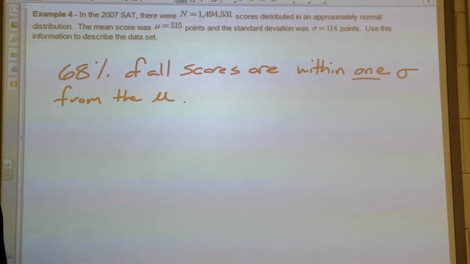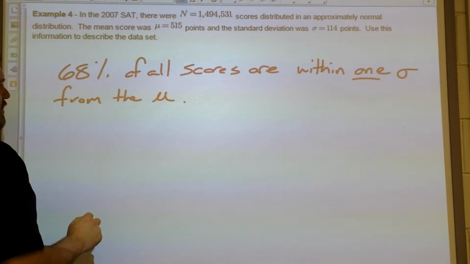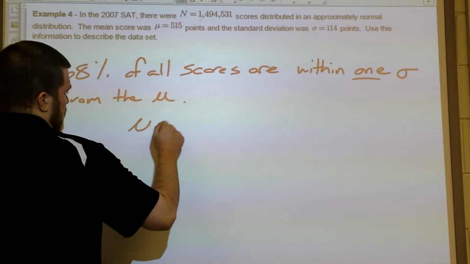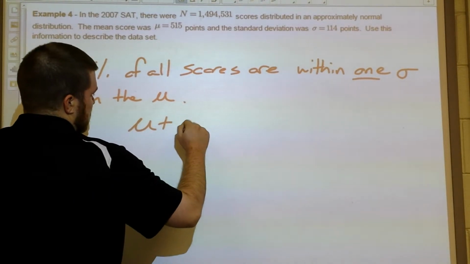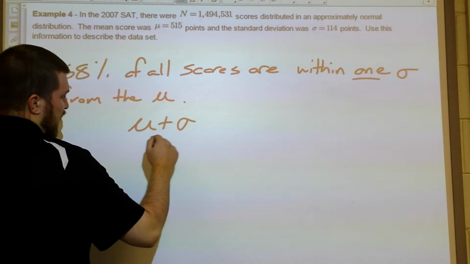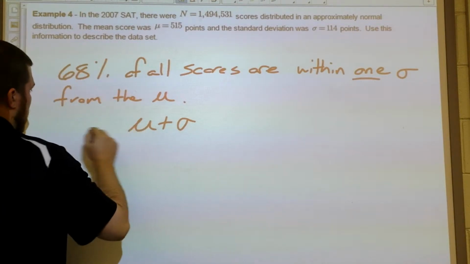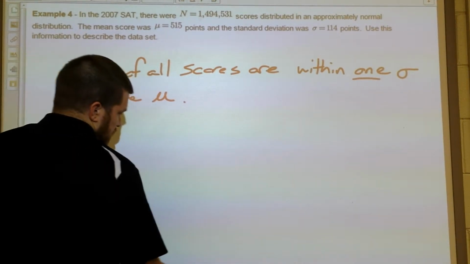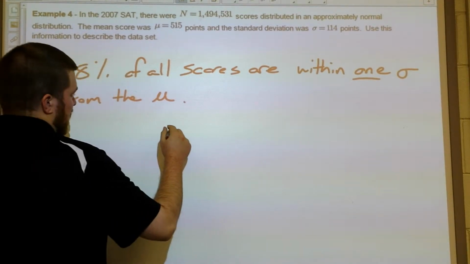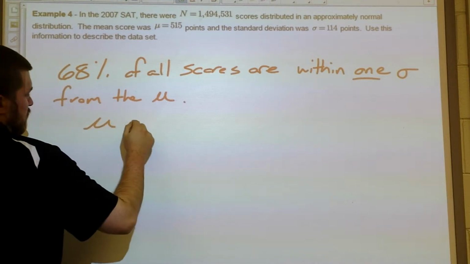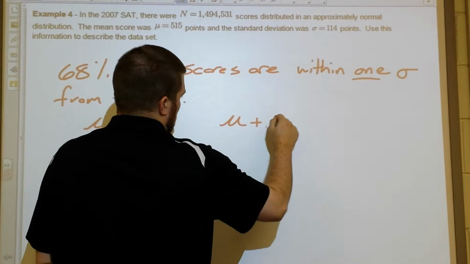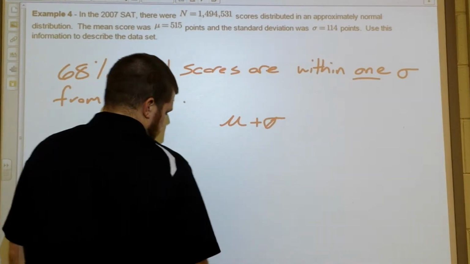So what that means mathematically is that 68% of the data is going to fall within mu plus sigma and mu minus sigma, so our upper bound and our lower bound. So 68% of the data is going to be between mu minus 1 standard deviation and mu plus 1 standard deviation.